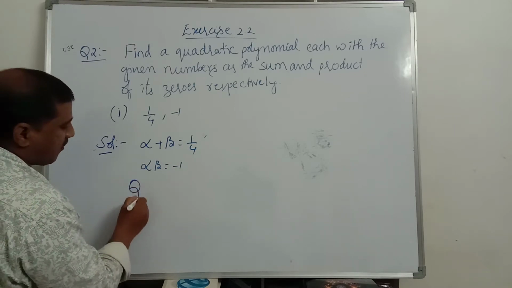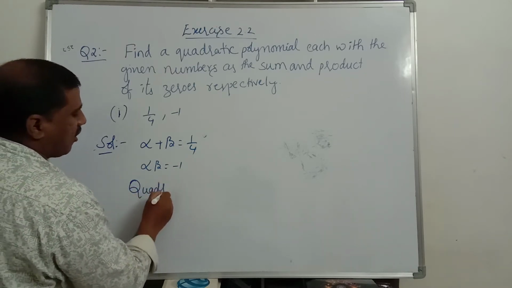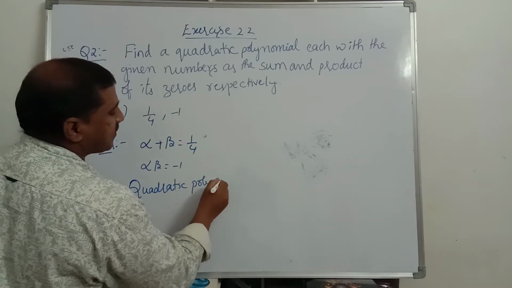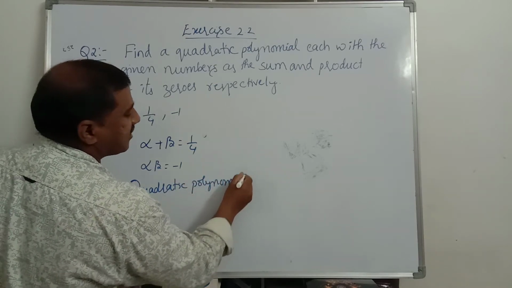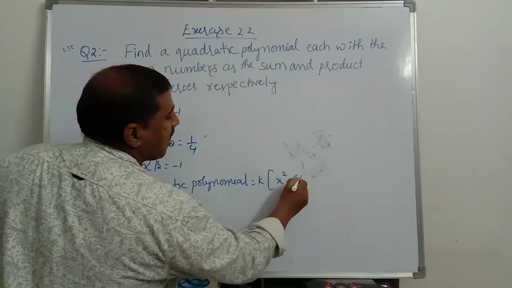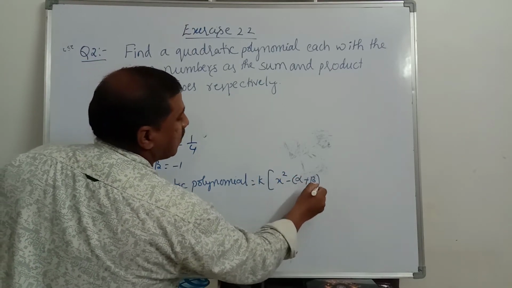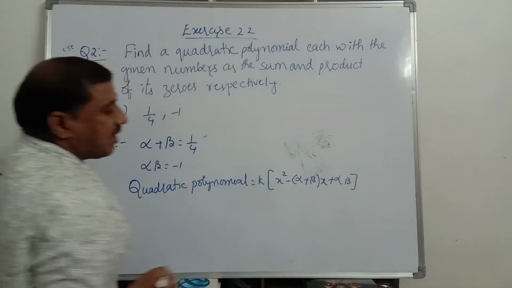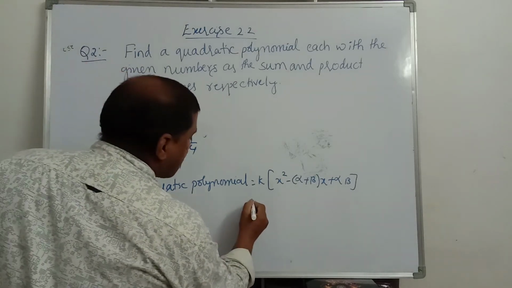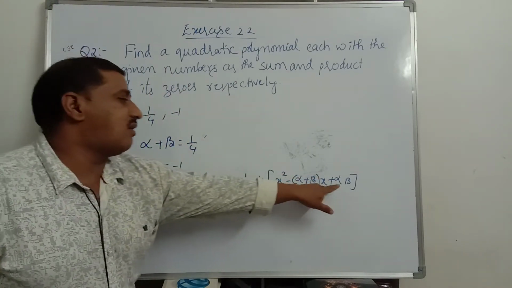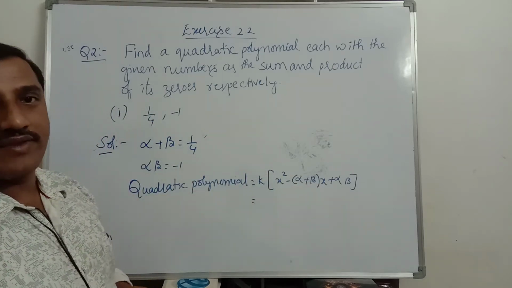The required quadratic polynomial is equal to k into x square minus (alpha plus beta) into x plus alpha into beta. Now substitute alpha plus beta as 1 by 4 and alpha into beta as minus 1. Then simplify.